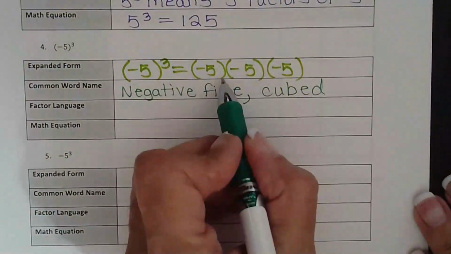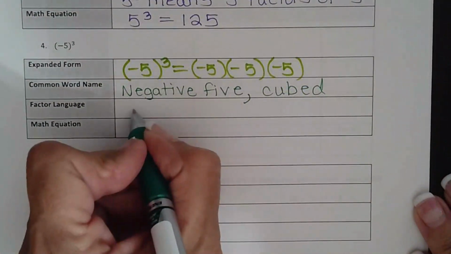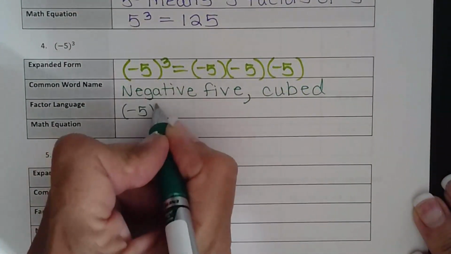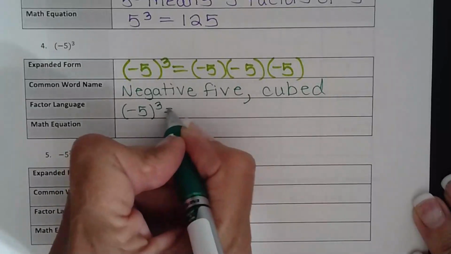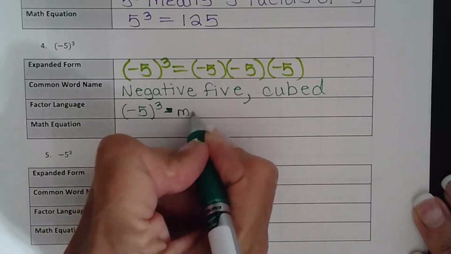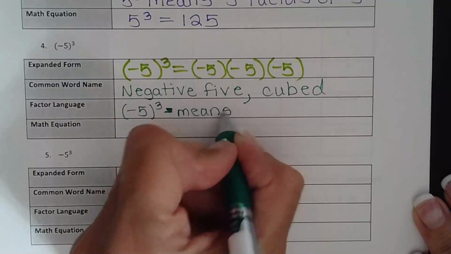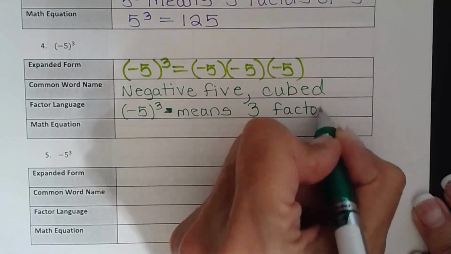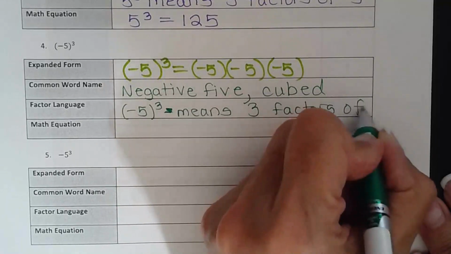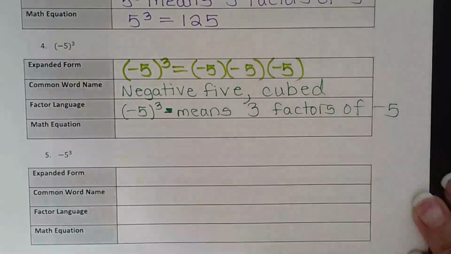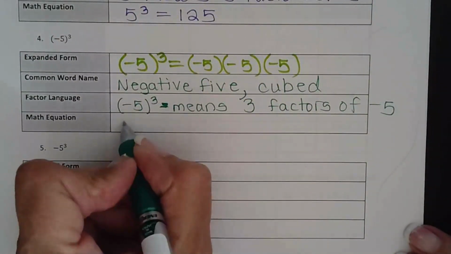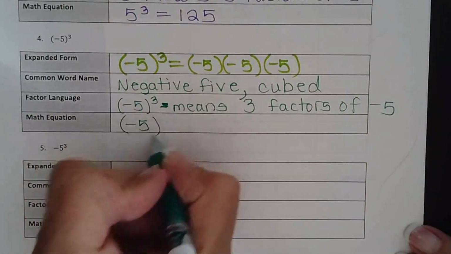Factor language, 3 factors of -5. So -5 cubed means 3 factors of -5. And -5 cubed.